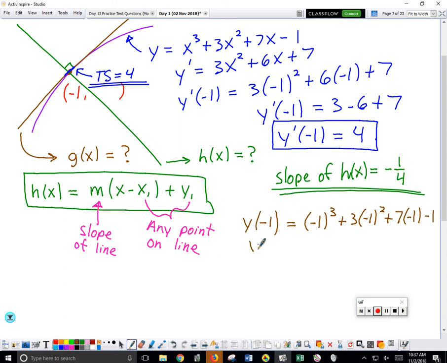So the y coordinate of the curve, this would be -1 plus 3 minus 7 minus 1. So let's see, that's going to be -6.